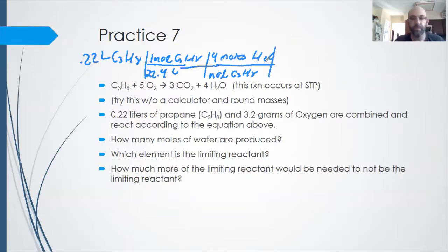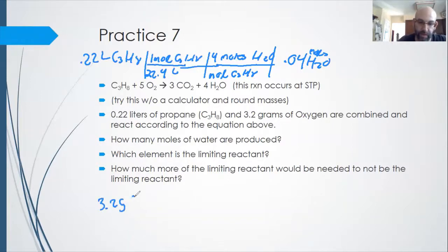All right, so how do we solve for this? Well, let's just look. 0.22 divided by 22.4 is roughly 0.01, and 0.01 times 4 is 0.04. Okay. So that's how many moles of water we get from propane.